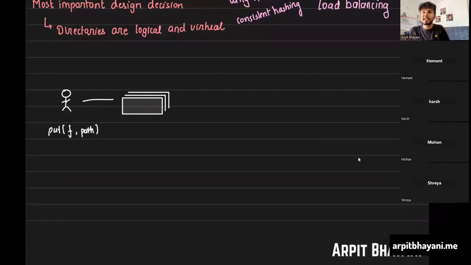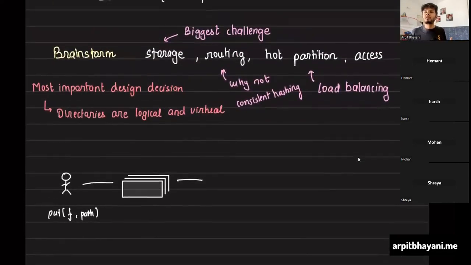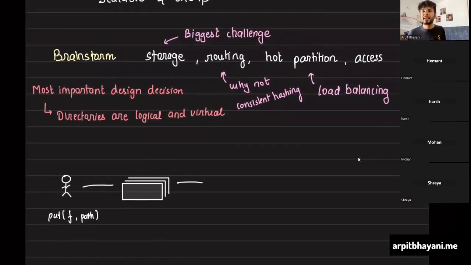This request came to our API server, and now our API server needs to write it to storage. Obviously, you cannot use a transactional DB like MySQL to do it, because there is a huge amount of data. You are writing GBs and TBs of data.